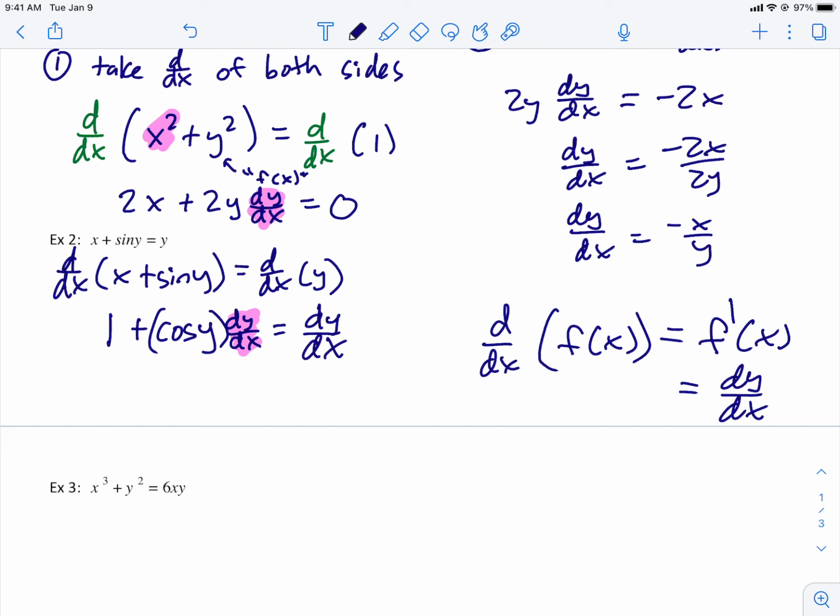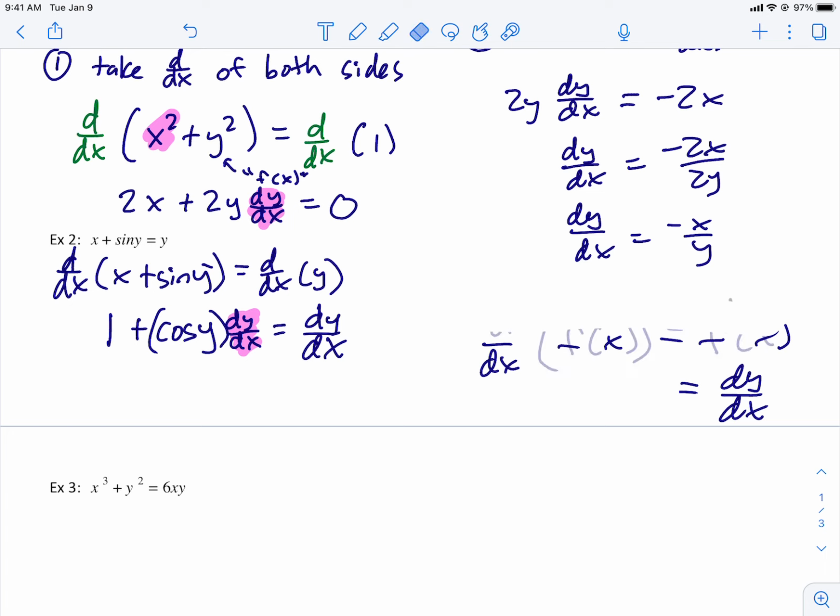So basically, just remember, if we have the derivative and there's a y involved, you differentiate like normal and attach a dy dx. If I did that here, the derivative of y is technically just 1, but then we attach dy dx.